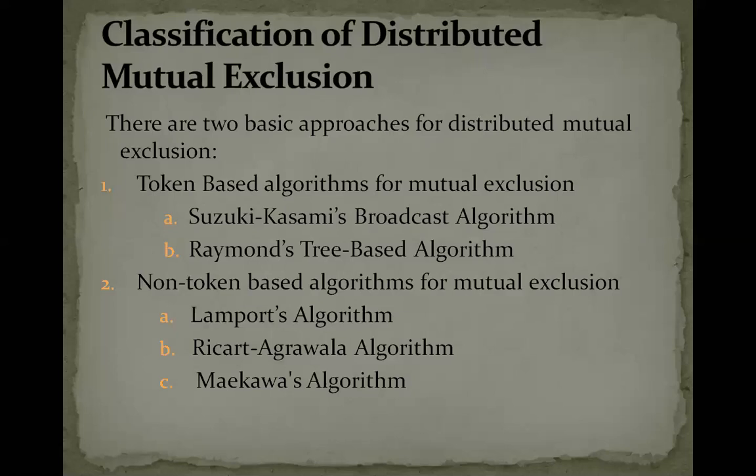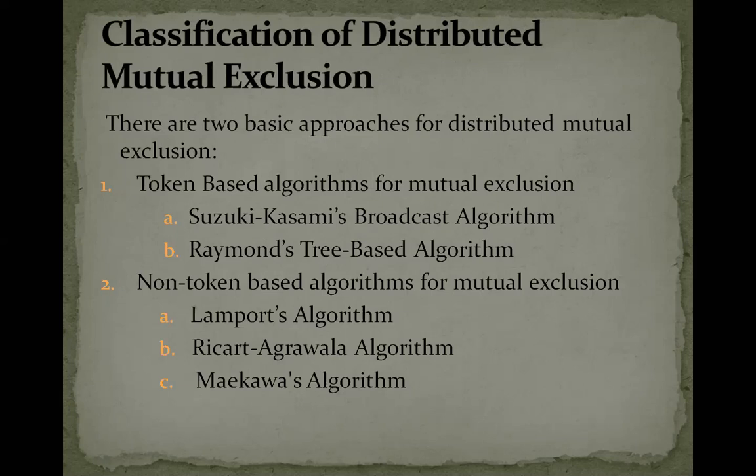However, there are a lot of algorithms that have been developed for resolving the problem of mutual exclusion, but there are different types of communication topologies, and the amount of information maintained on the sites is also different. That is why the algorithms have been classified into two ways. One is token based, in which the system works on the basis of the issue of the token.